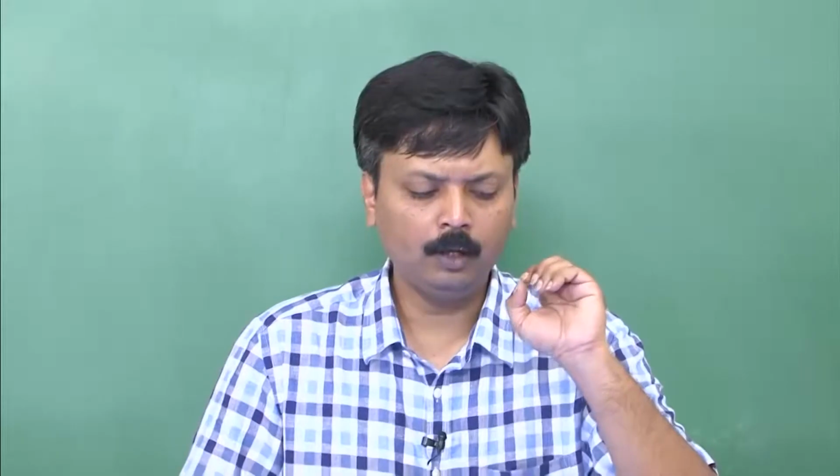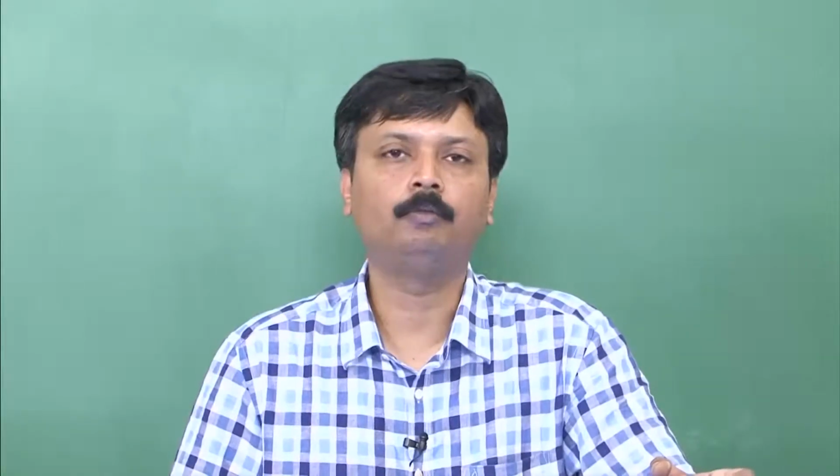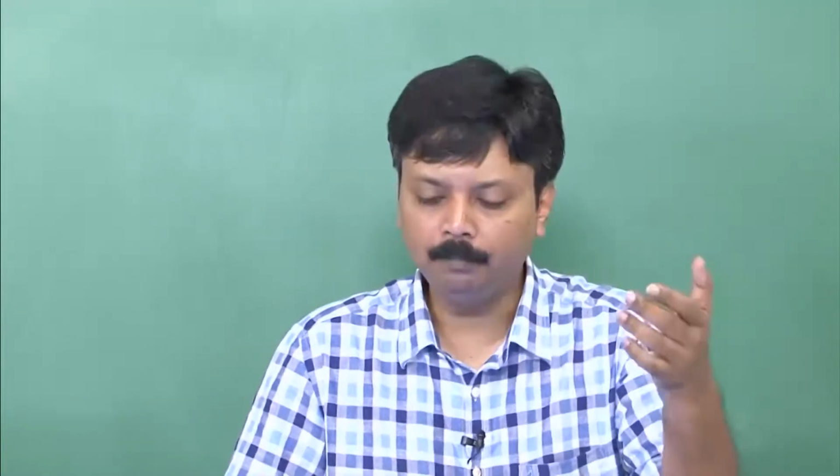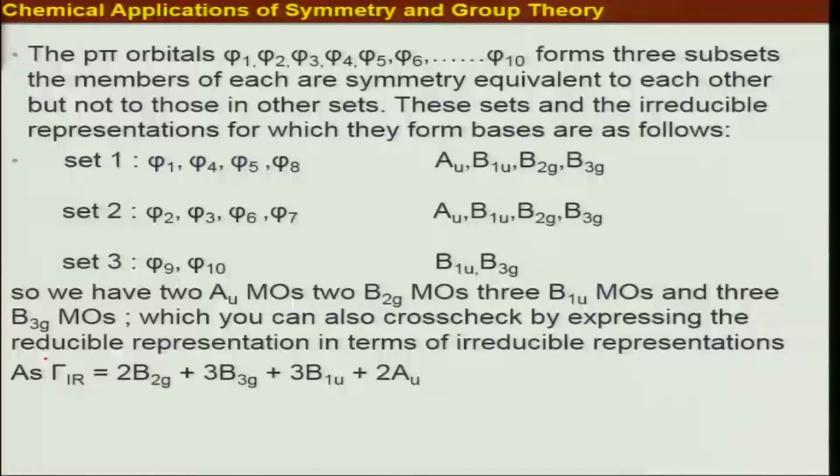So we made set 1, set 2, and set 3, comprising 4, 4 and 2 p pi orbitals, and individually we formed the representations using the basis sets 1, 2 and 3, and ultimately we reduced them to get the irreducible representations.